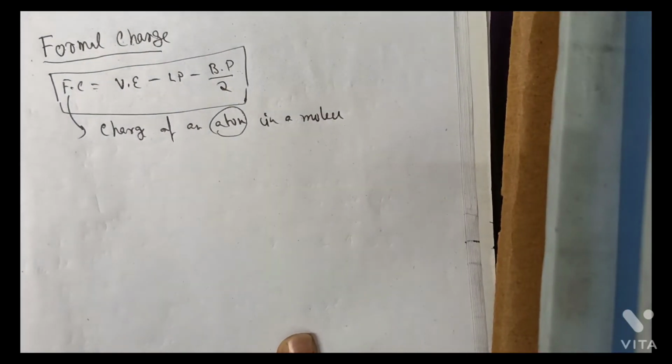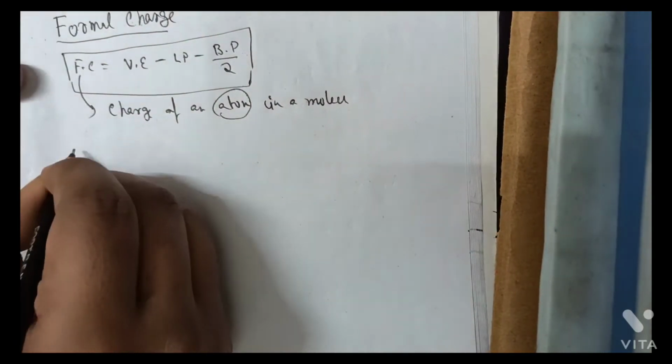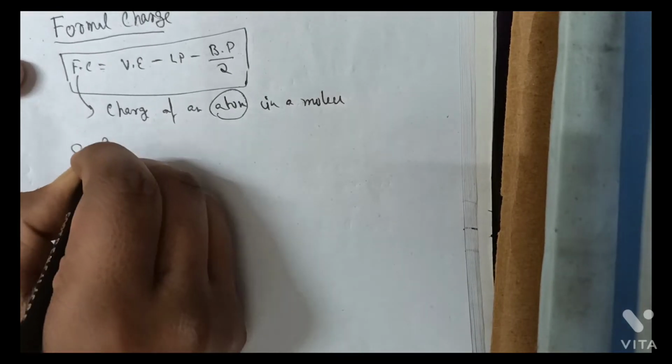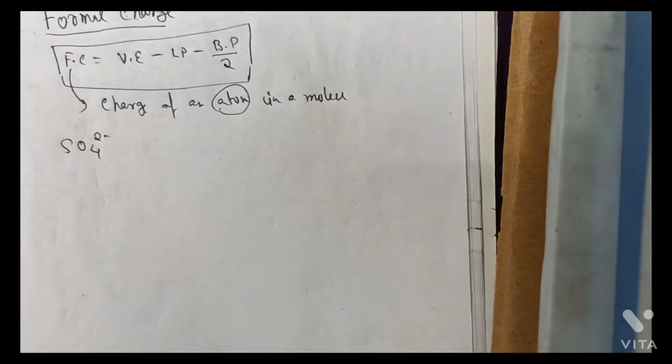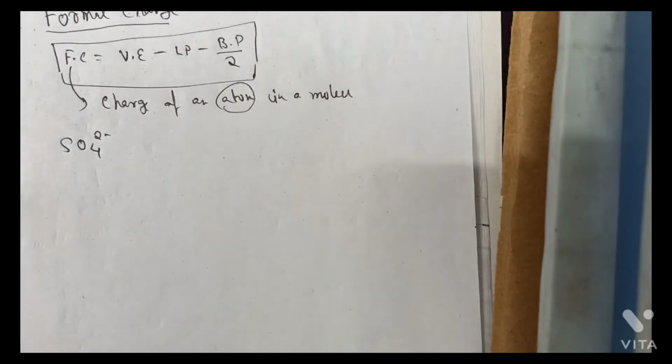Okay, so let's start with some examples. First we're gonna learn about SO4 2 minus. For this we have to first draw the structure of the sulfate ion.